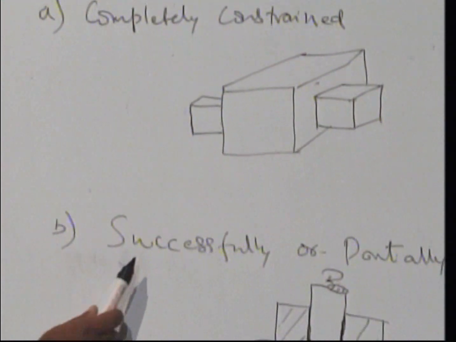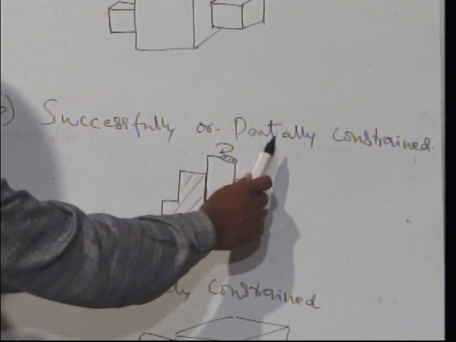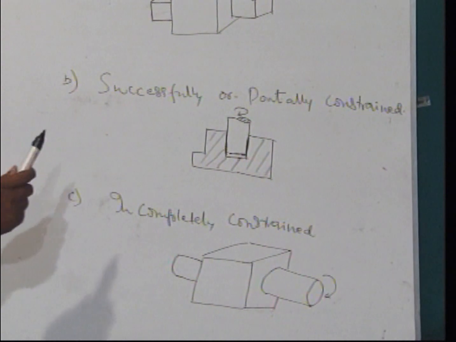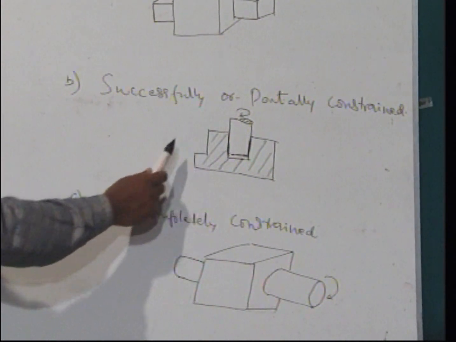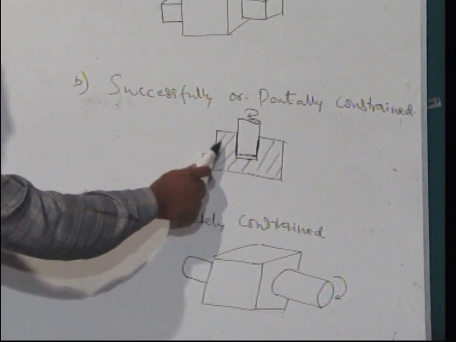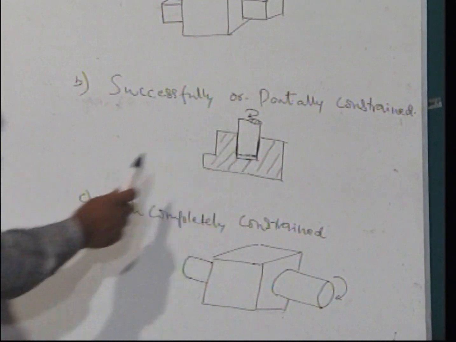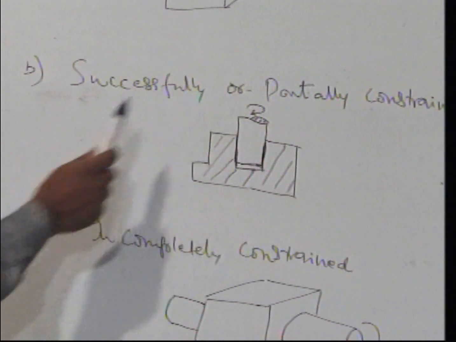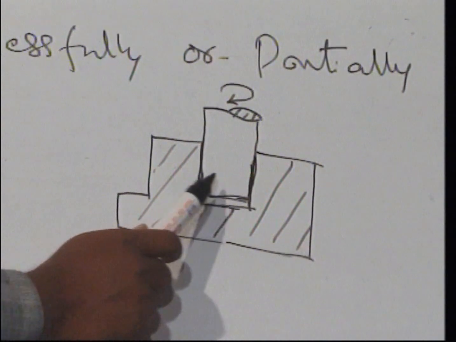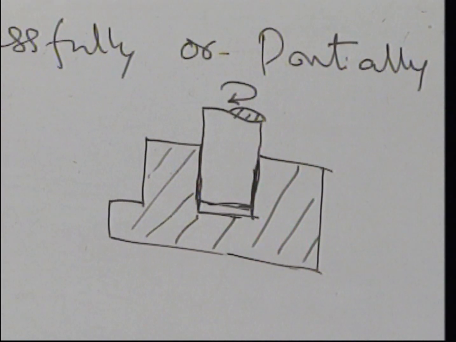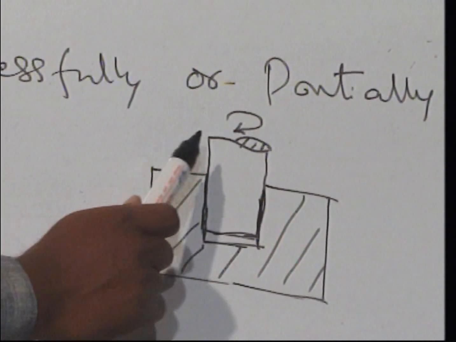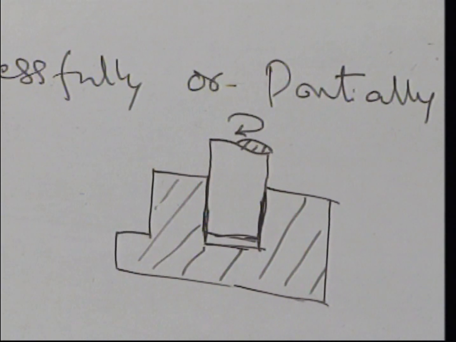The next is successfully or partially constrained motion. To quote an example here, this is a footstep bearing. The shaft is rotating here, and a little bit of freedom is given to this element while it rotates, which is a sliding action here.